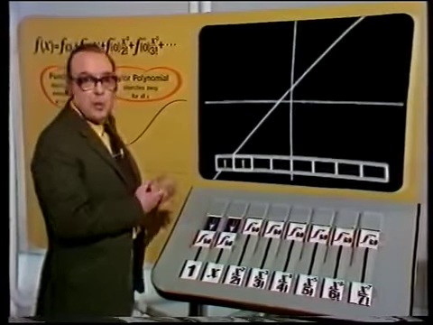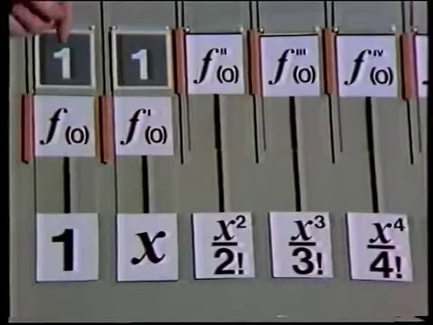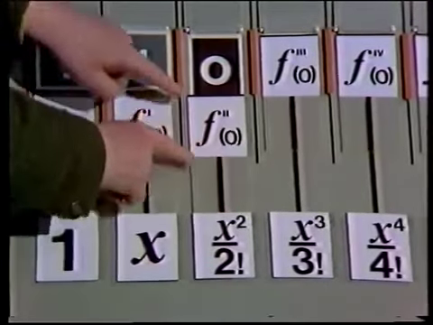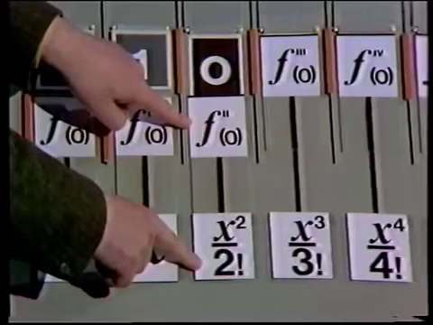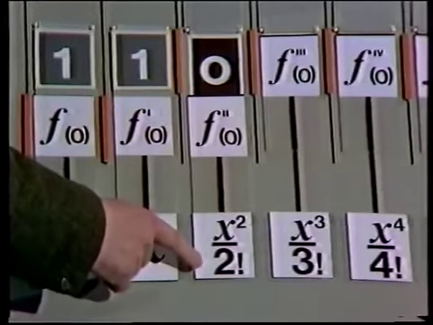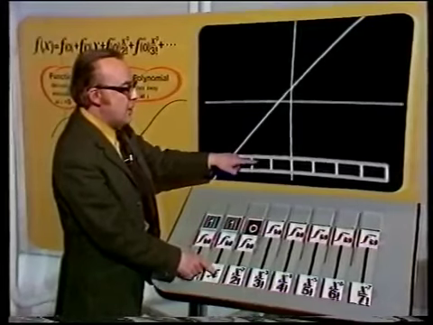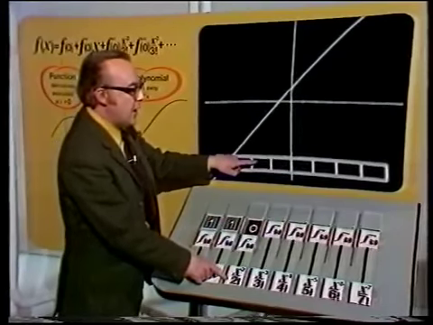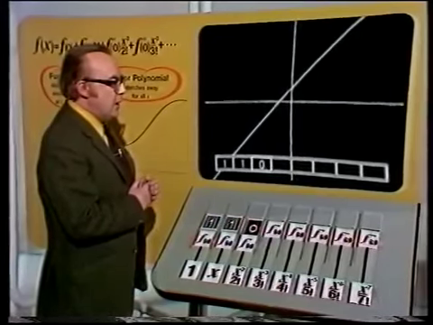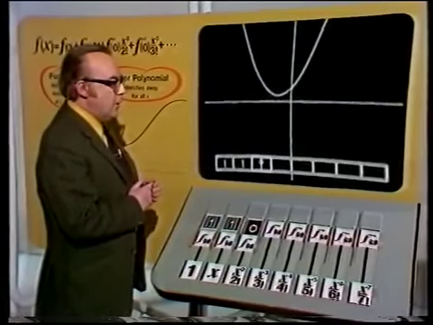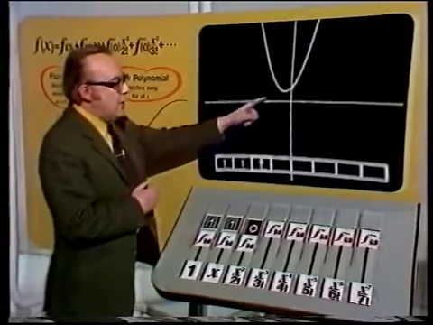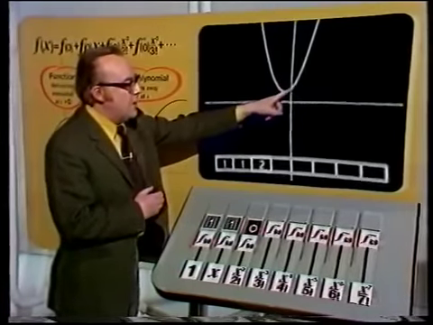There it is. So what have we got? 1, 1, and now the second derivative, which governs how much of x squared over 2 factorial we're taking. And of course, this space up here is the space that tells us how much of that we're taking. Now, let's mix it in and see what effect that has. We're mixing it in now. Now, of course, it's not going to affect the height or the slope at this point.